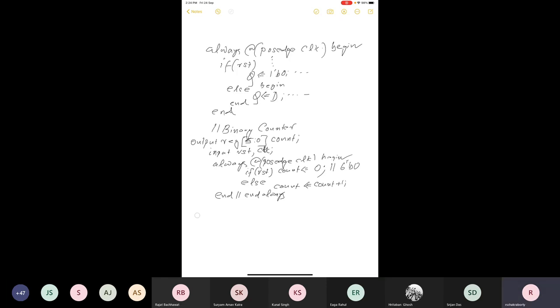This behavior is true even if, by mistake, you had written something like 1'b0 on the right hand side. Then also it's the same behavior. It sees on the right hand side something whose width does not match the left hand side, and it truncates from the MSB and assigns the 6 bits.